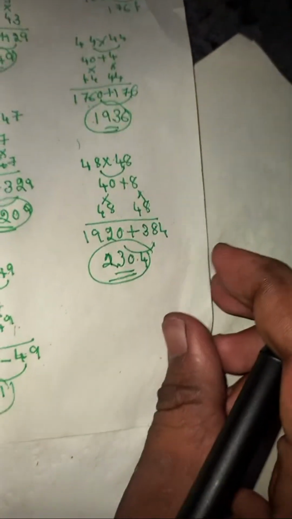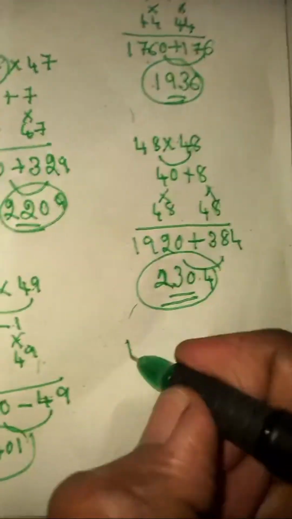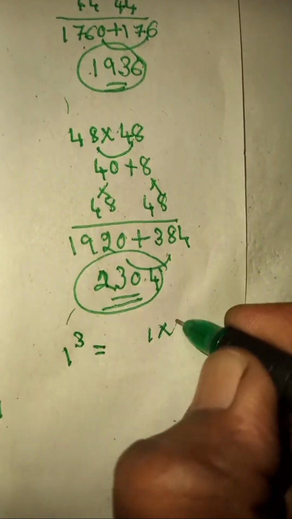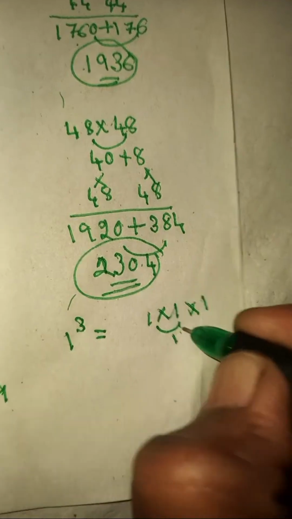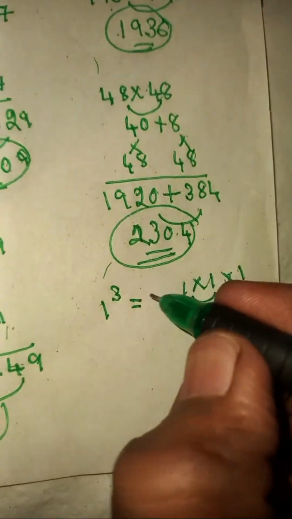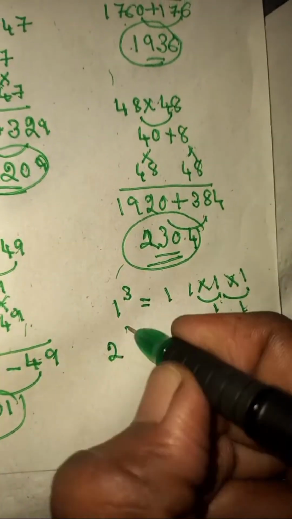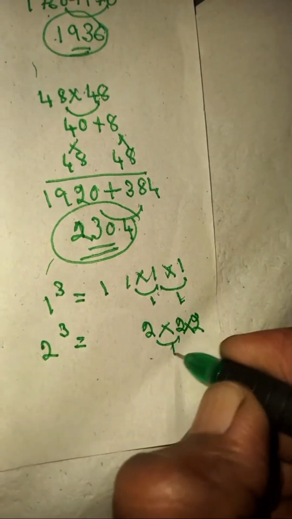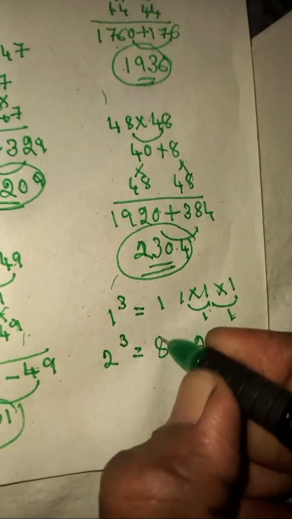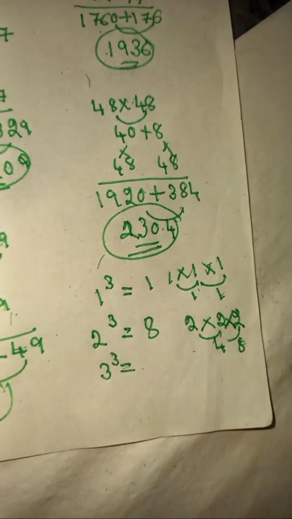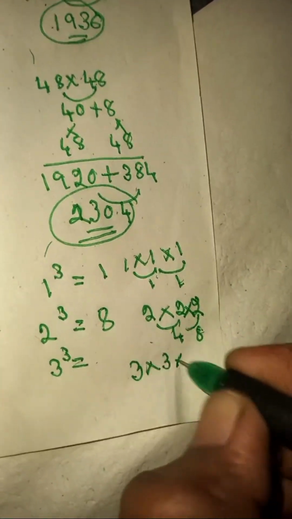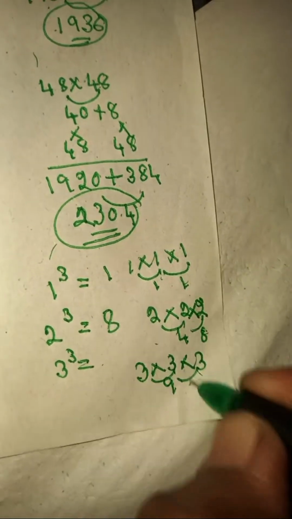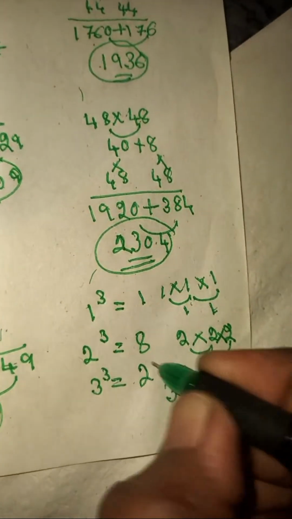How to do? I'll do cubes up to 5. 1 cube means 1 times 1 times 1. 1 times 1 is 1, again 1 times 1 is 1. 1 cube is 1. 2 cube is 2 times 2 times 2, 2 times 2, 4, 4 times 2, 8, so it is 8. 3 cube is 3 times 3 times 3, 3 times 3, 9, 9 times 3, 27.